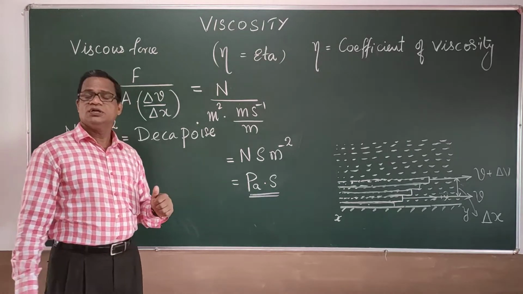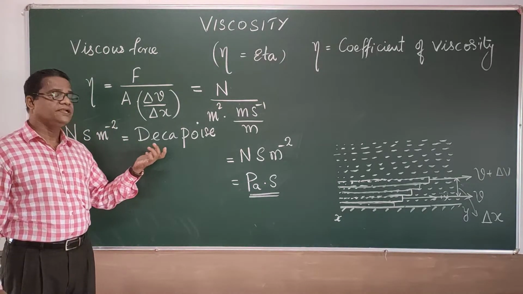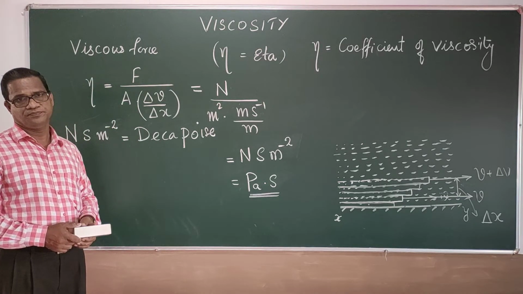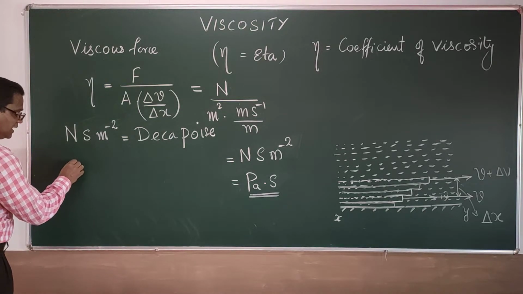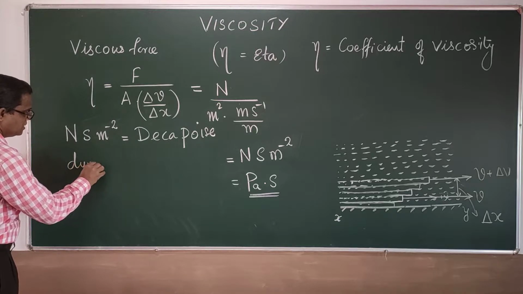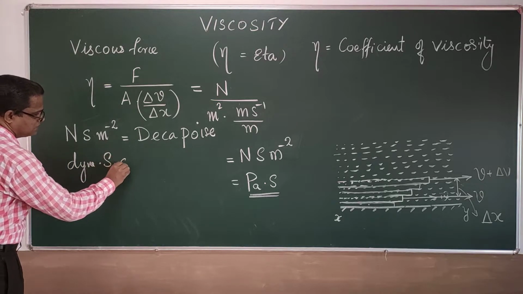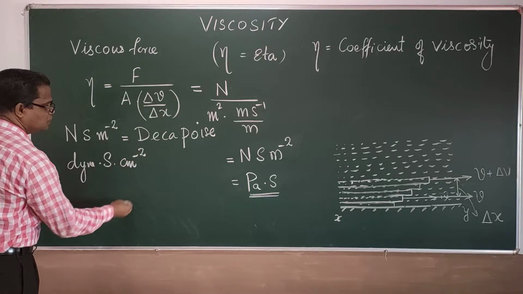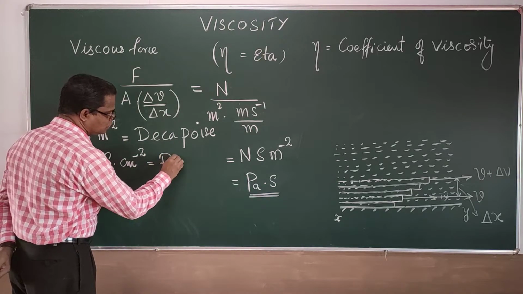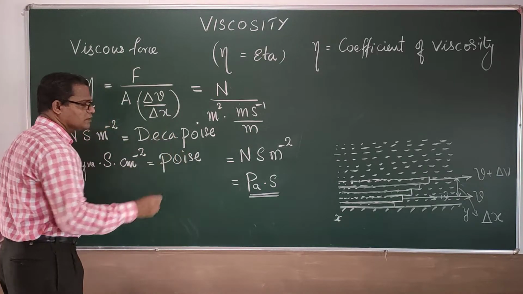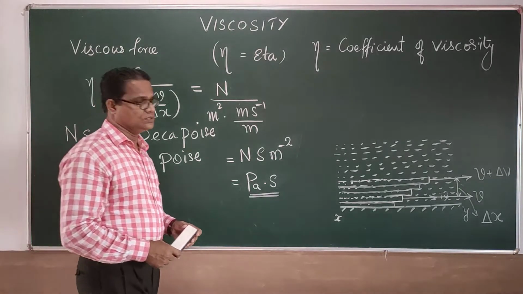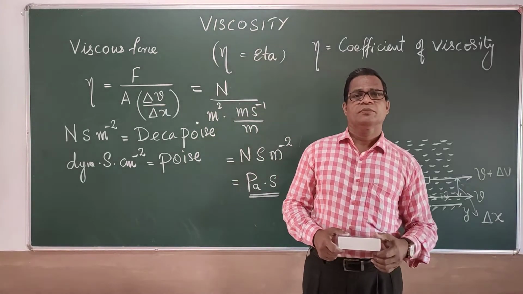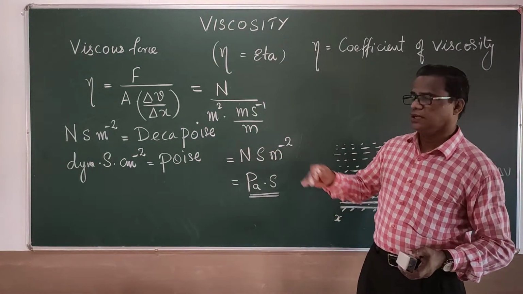So the SI unit of coefficient of viscosity is decapoise. And the CGS unit we can take as dyne second centimeter minus 2. This will be equal to poise. So 10 times poise makes decapoise. That is the meaning.